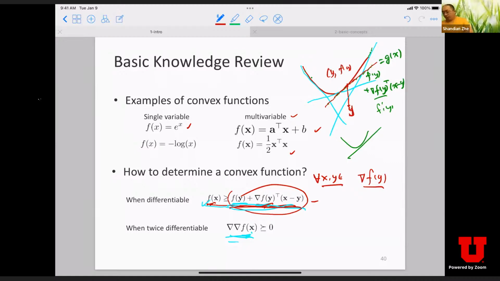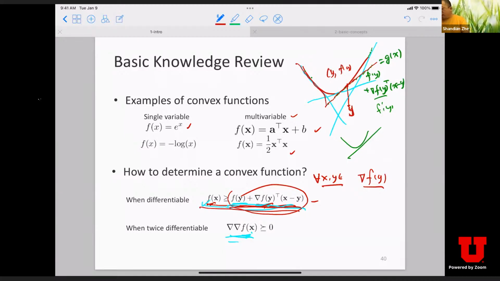This inequality just tells us that if you're dealing with a convex function, then every tangent line of that function stays below the whole convex function body.